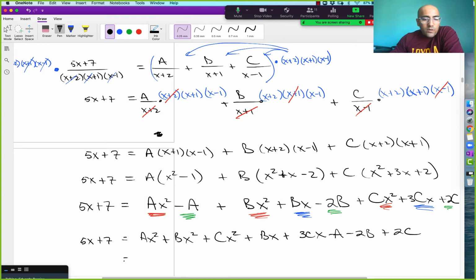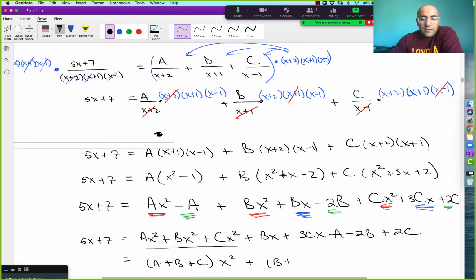So I'm going to do one more step. Now I'm going to factor out the x squared from these 3 terms. They all have an x squared, so I can rewrite it as (a plus b plus c) x squared plus, and now these 2 terms both have a power of x. I'm going to factor those out.